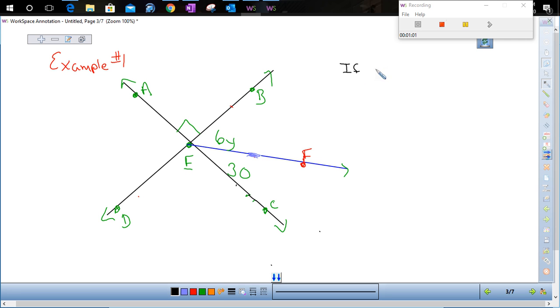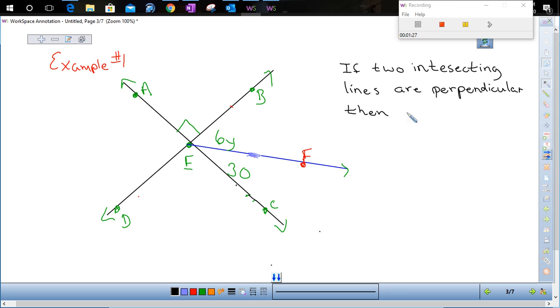If two intersecting lines are perpendicular, then all the angles are 90 degrees.